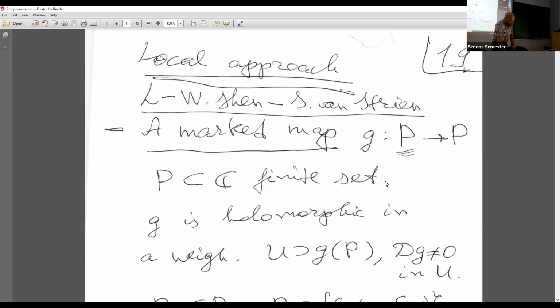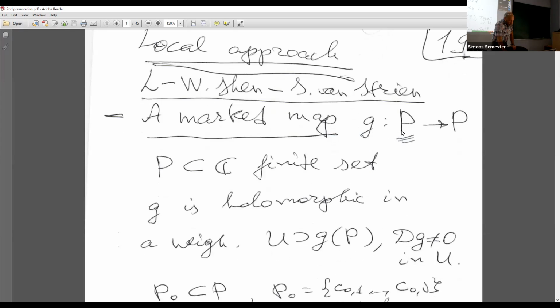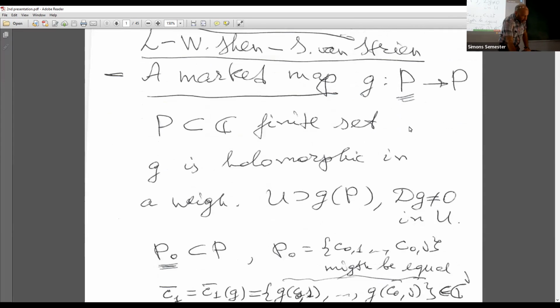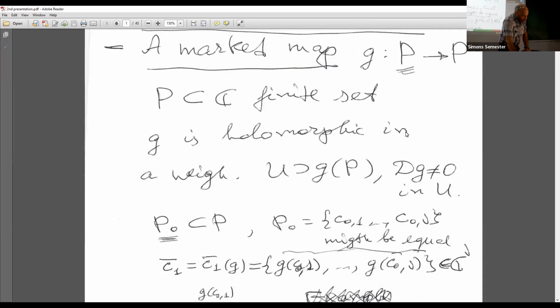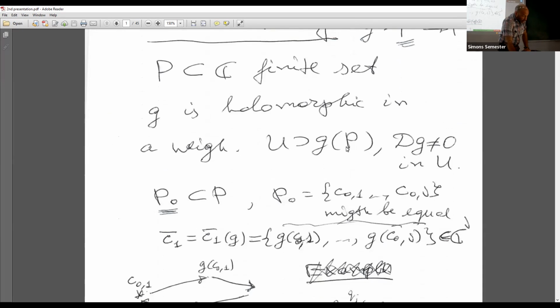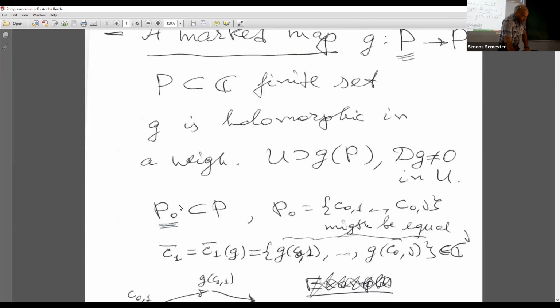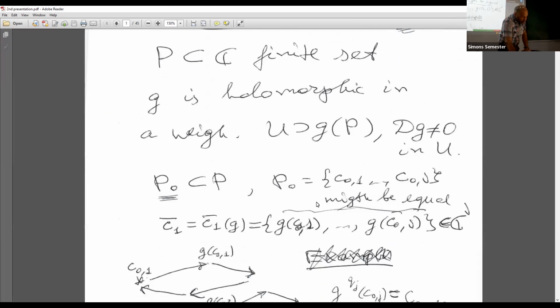It's local. So we have this map of a finite set into itself, which is called a marked map. And inside of this finite set, there is a subset, which, in applications, consists of critical points, but in fact, G extends to a locally injective holomorphic map precisely on the complement of P0, P minus P0.